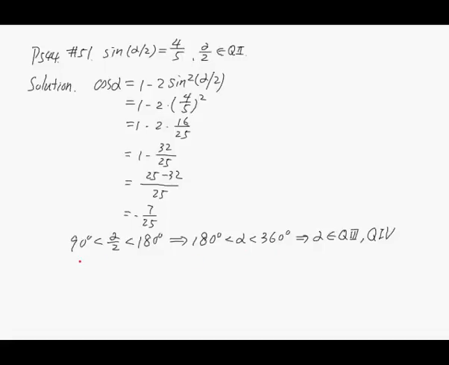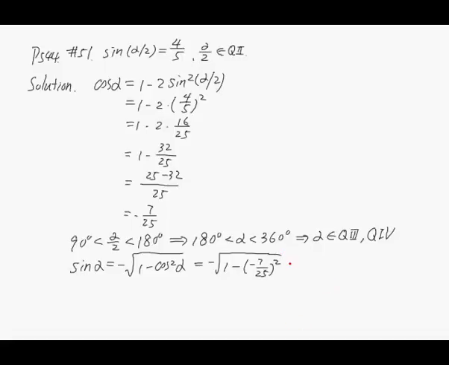So we can use the fundamental identity to get sine alpha is equal to negative root of 1 minus cosine square alpha. Then you plug in the value for the cosine alpha into this expression. Get negative square root of 1 minus the square of negative 7/25.